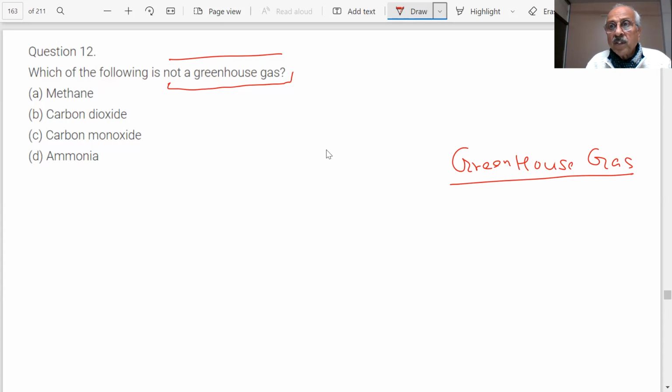What are greenhouse gases? First question to you before we answer this question: what do they do? Greenhouse. We want to have a greenhouse. What does it mean?